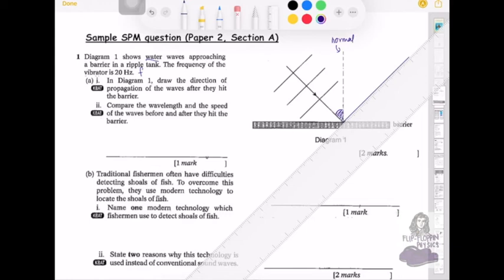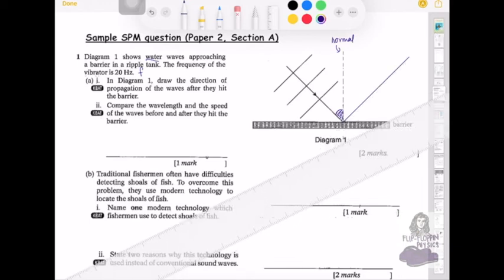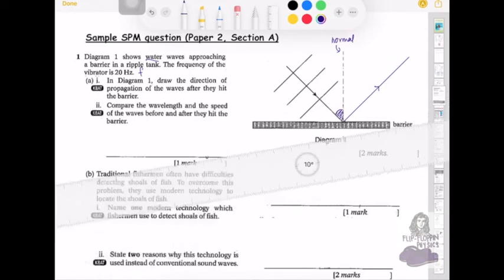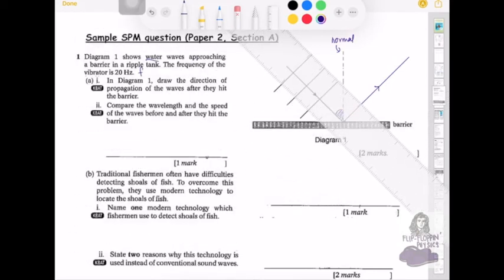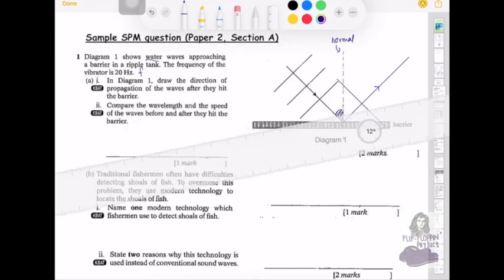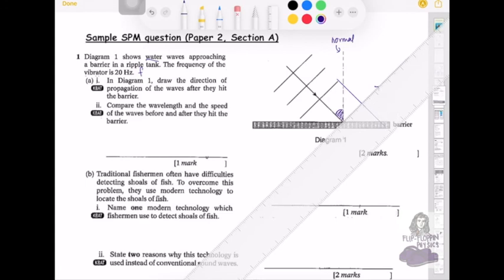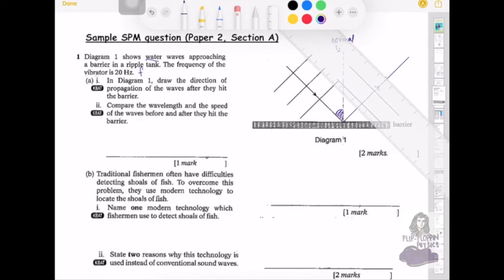That's the reflected ray, and don't forget to draw the direction. Then your wavefront will be 90 degrees to it, and make sure the distance is the same. If you measure here, it's around 1 centimeter, so I'm going to make my wavefront around 1 centimeter too, and again three lines are enough. Okay, so that's your answer for A1.